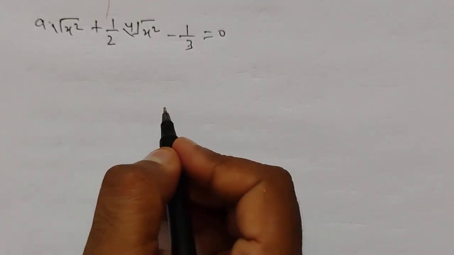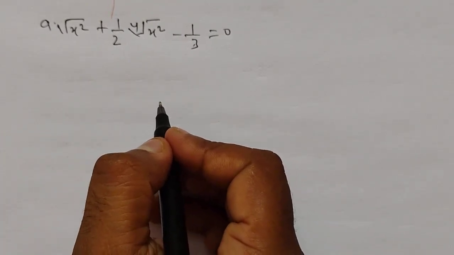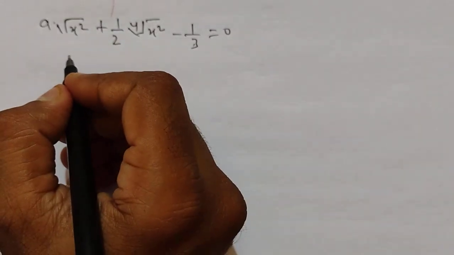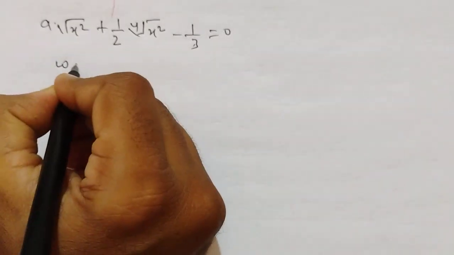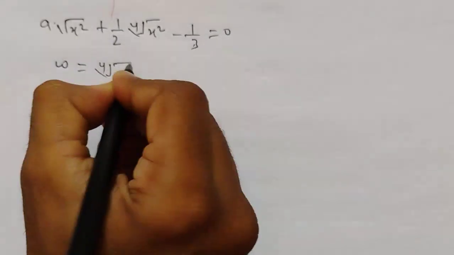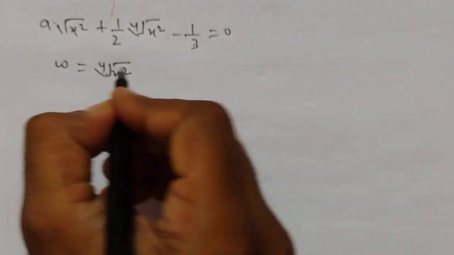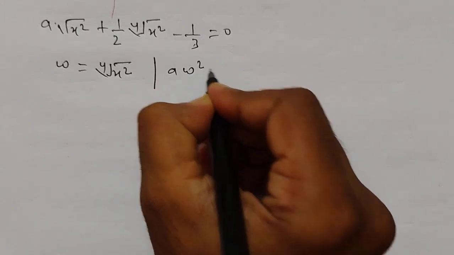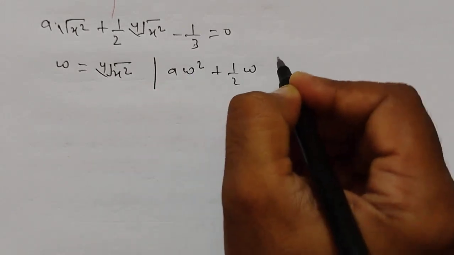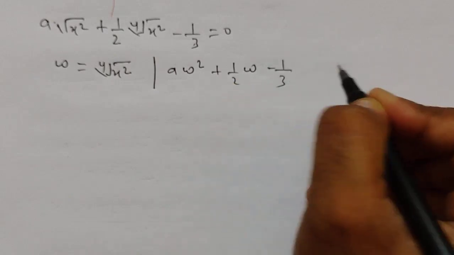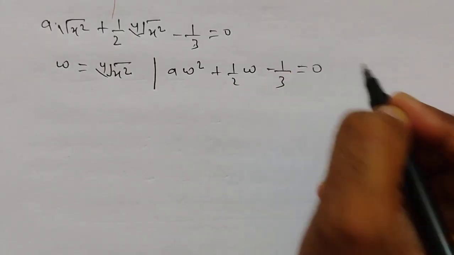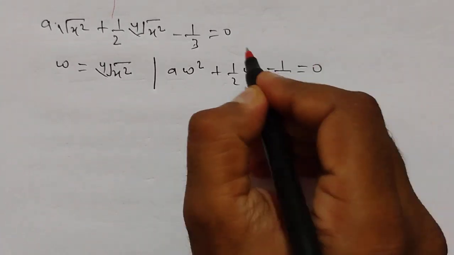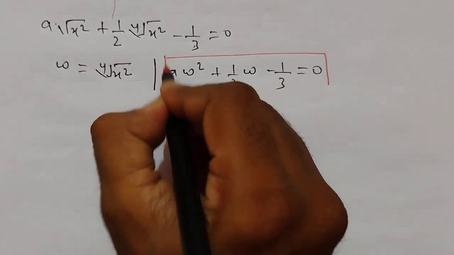Now if we use the substitution w is equal to fourth root of x square, this will give a w square plus 1 by 2 w minus 1 by 3 is equal to 0, and this is the first important equation we have.